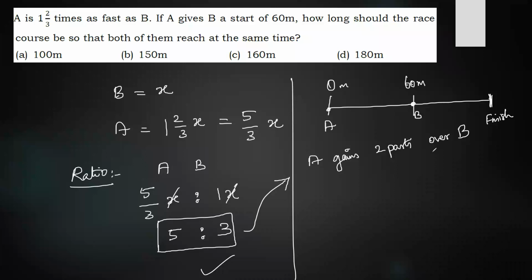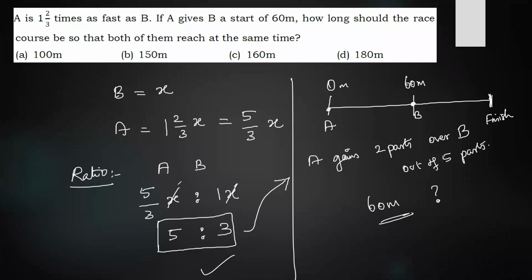From this ratio, we can say that A gains 2 parts over B. Is it clear or not? Out of 5 parts, A gained 2 parts.